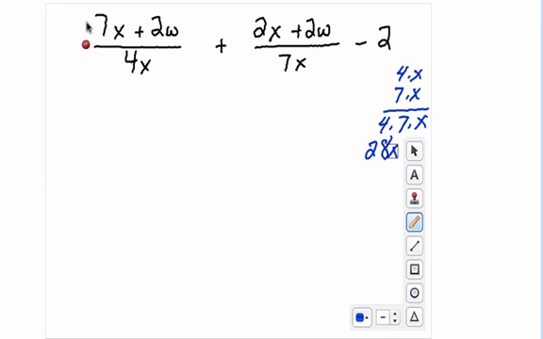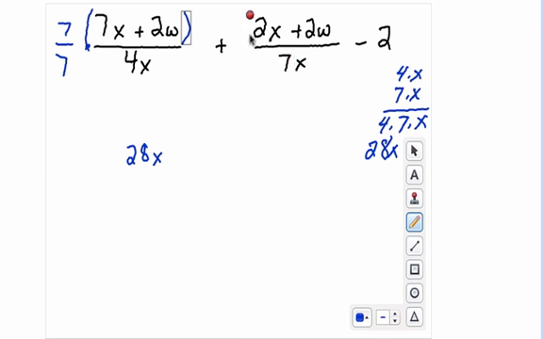So you need to decide what you're going to multiply both of these fractions by and this whole number by to get 28x. So for this top fraction, 4 times 7 would give me 28x, so I need to multiply this by 7 over 7.